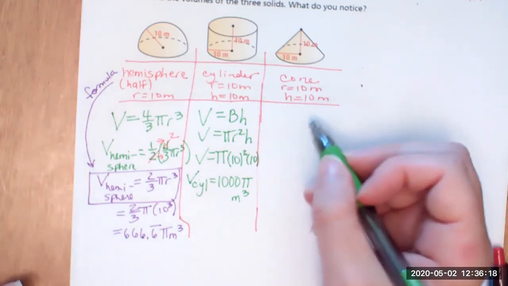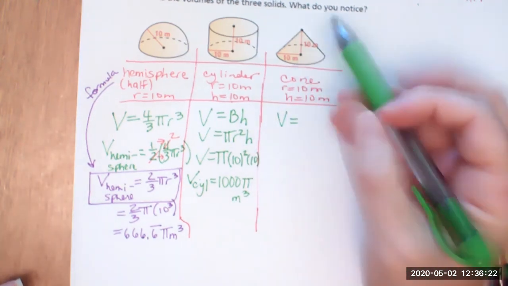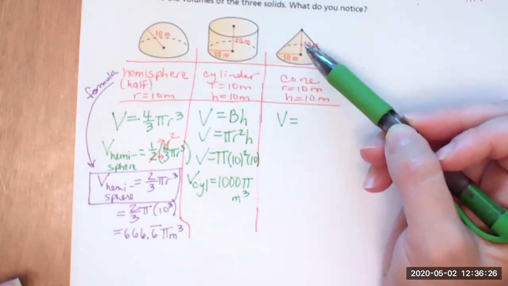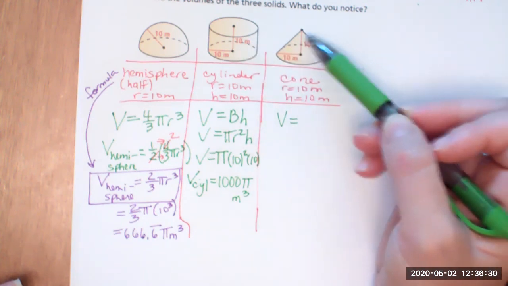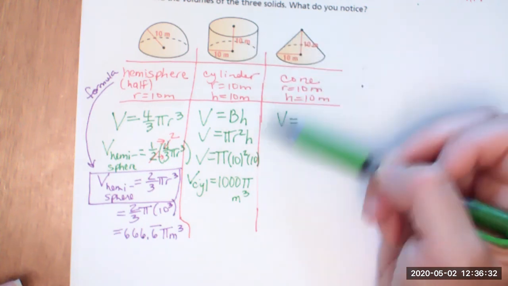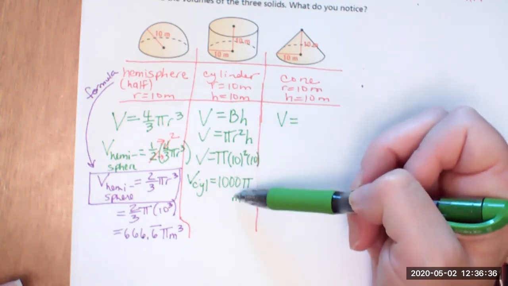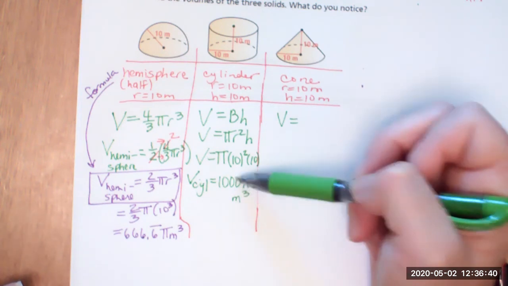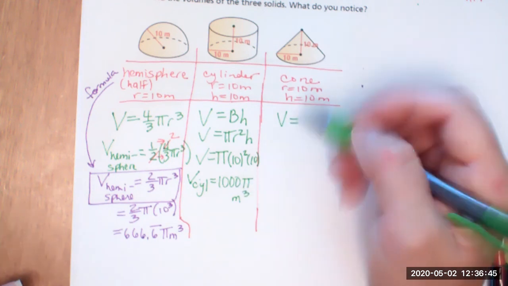Now, let's look at the volume of the cone. Now, we know that when you're looking at a cylinder and a cone that have the same radius and the same height, the volume of the cone is going to be 1/3 that the volume of the cylinder. So I should come out to 1,000 divided by 3, or 333 1/3 pi cubic meters. But I will verify that. We'll work from scratch, and you'll see that it works.